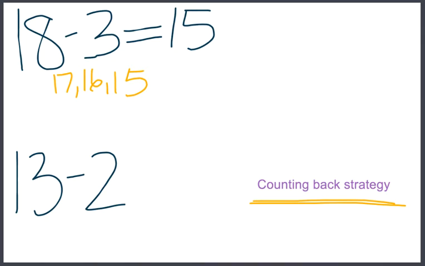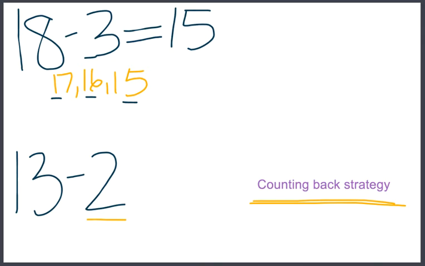And I can even check my work. I went back 1, 2, 3. I can even do this on my fingers. 18 minus 3 equals 15. Same thing down here. 13 minus 2. 2 is a small number.